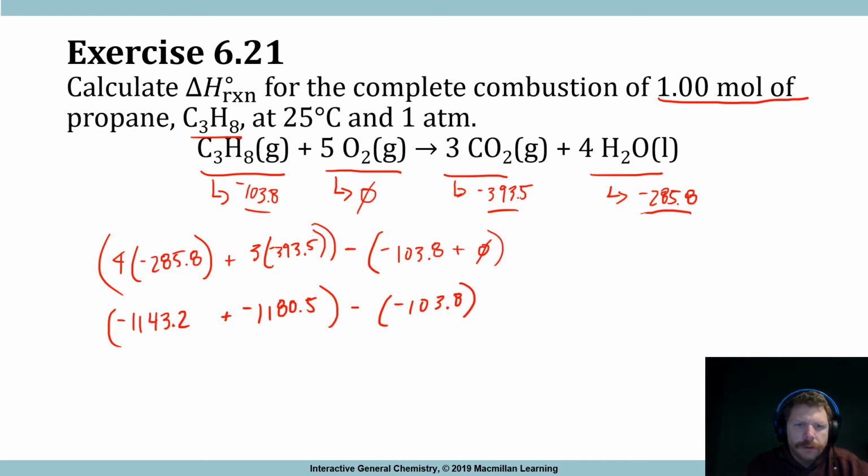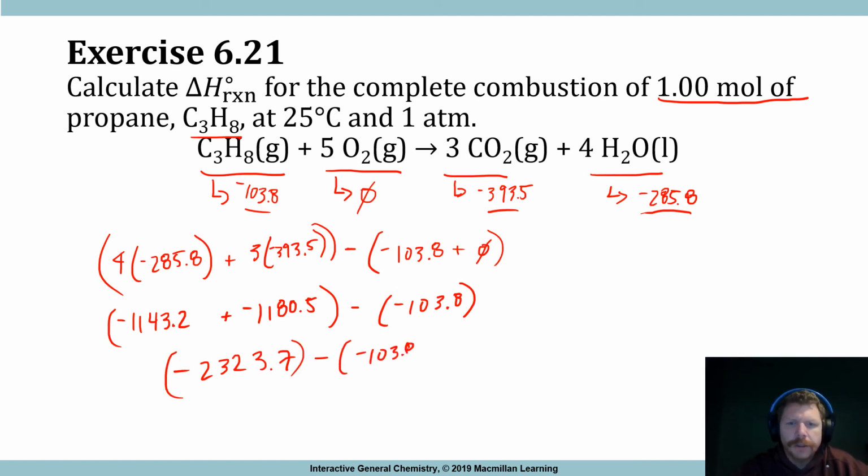So negative 1180.5 plus negative 1143.2 is negative 2323.7. I'm going to put that still in parentheses, minus negative 103.8.